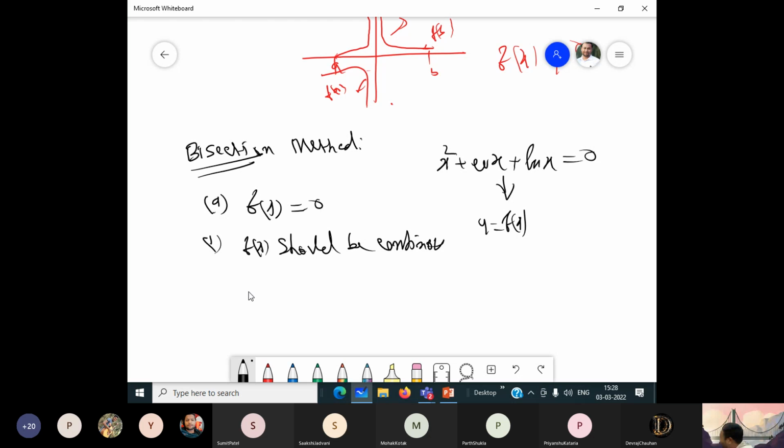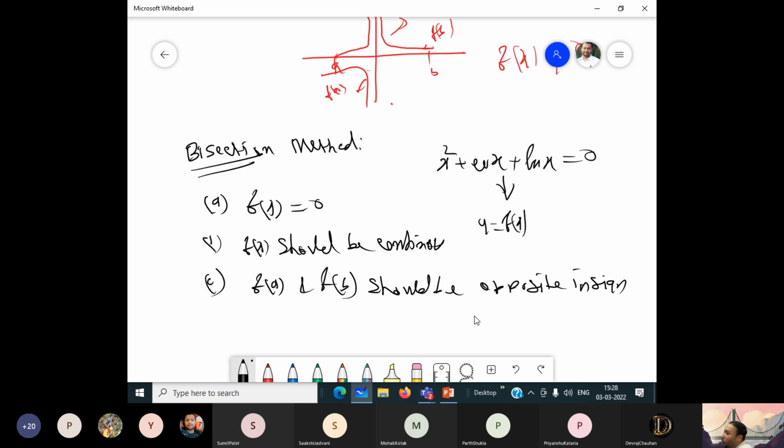Now, f of a and f of b should be opposite in sign in the interval a and b. Why is that? Because just 10 minutes before we discussed that the graph should be cross-sected by the x-axis, then only we can get the solutions.